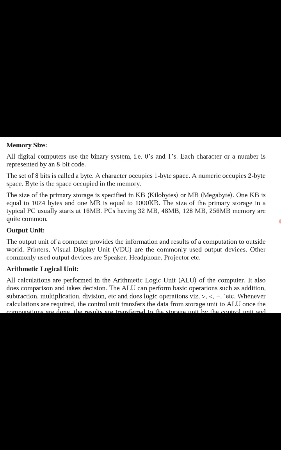Generally, the computer can store or use only zeros and ones. They are called bits. What is a bit? A bit is a binary digit, either 0 or 1. Why?